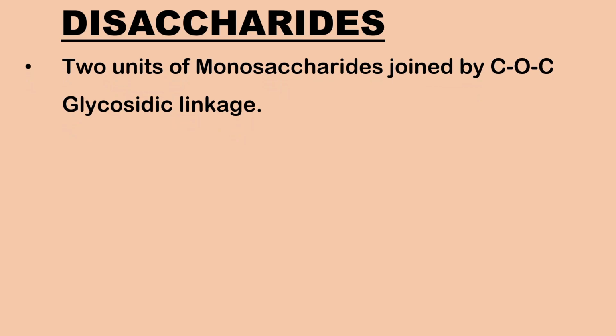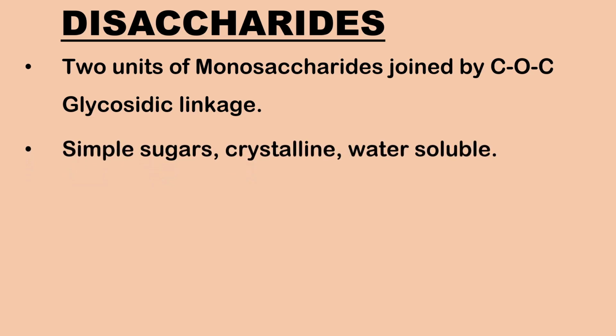Now, let us understand about disaccharides. Disaccharide sugar is formed when 2 units of monosaccharides are joined by a carbon-oxygen-carbon linkage known as glycosidic linkage. Disaccharides are simple sugars, crystalline, sweet to taste, and soluble in water.